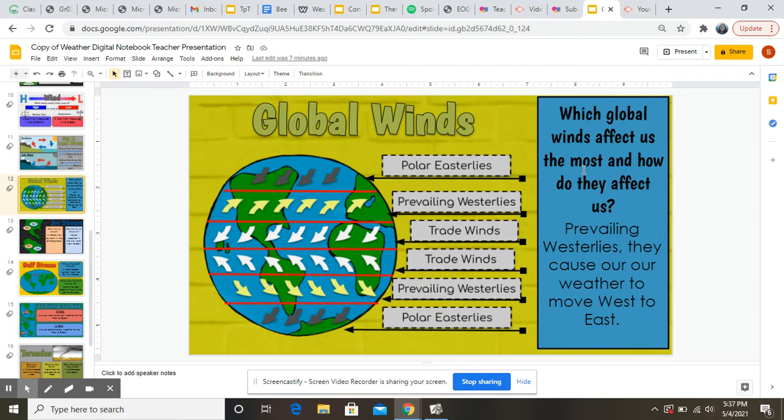So, which global winds affects us the most and how do they affect us? The prevailing westerlies, that's where we're located, they cause our weather to move west-east. So we will get the weather from the west.